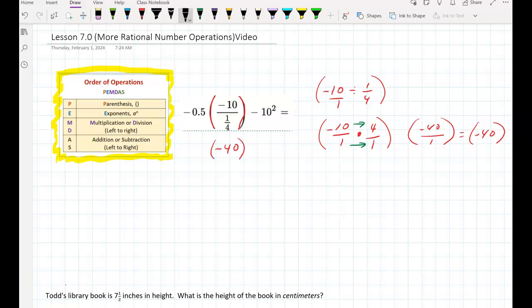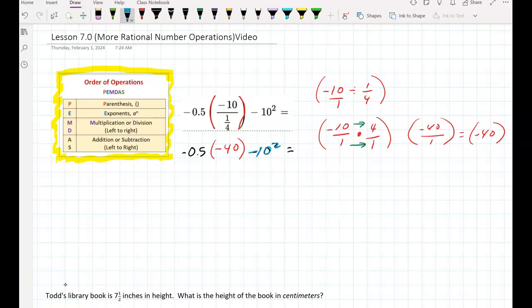And I'm going to bring everything else down. Okay. Now, there aren't any more operations in parentheses. We just have a negative number inside the parentheses. So now the next step is to do anything with exponents. And we can see here that we've got 10 to the second power.